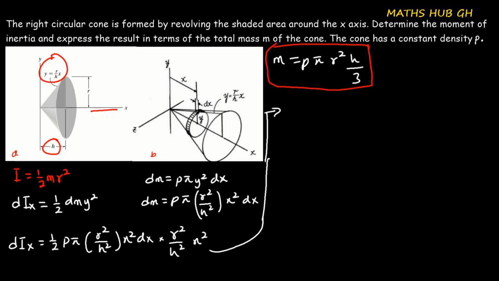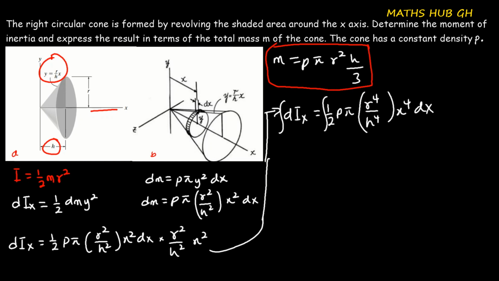We're going to have dIx equal to half rho pi, and then r to the power 4 over h to the power 4, multiplying x to the power 4 dx. So this will be the mass moment of inertia for just a single circular disc, but you want the mass moment of inertia for the entire circular cone. So you have to integrate this expression.